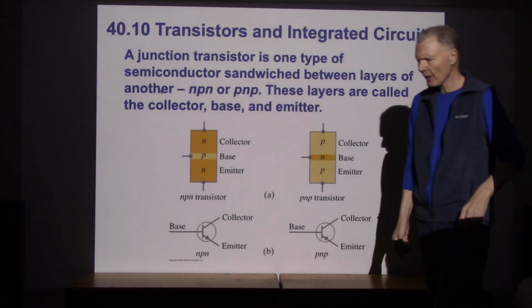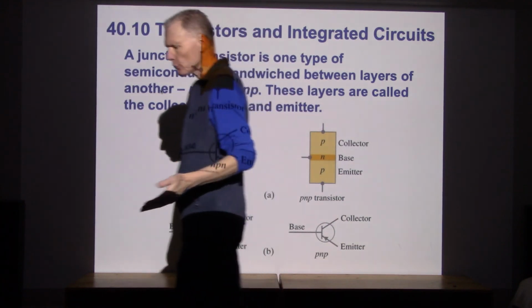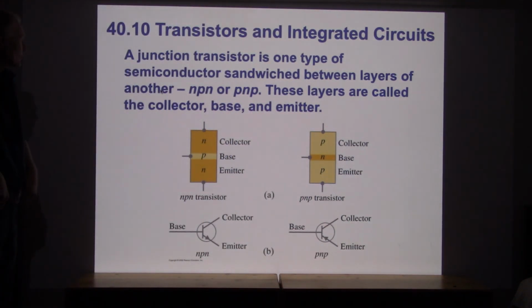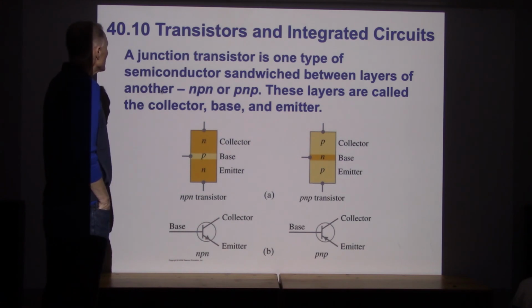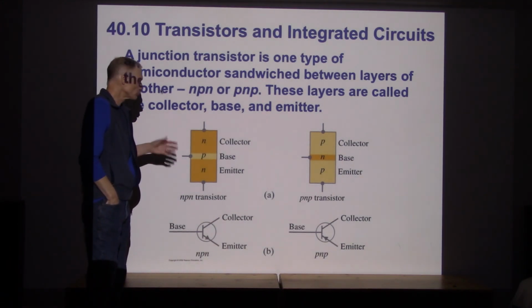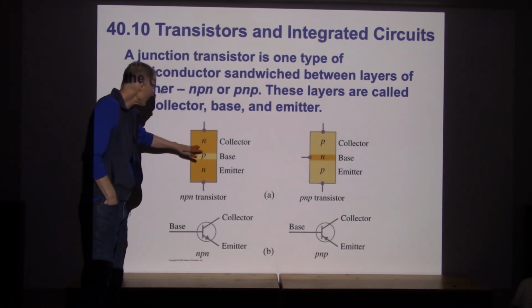Now the other device that we hear a lot about besides diodes is, I'm going to guess, transistors. So transistors and integrated circuits. Transistors, instead of 2 layers of doped silicon, they have 3.